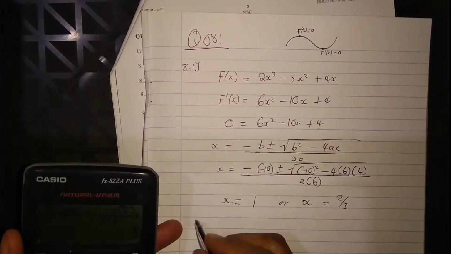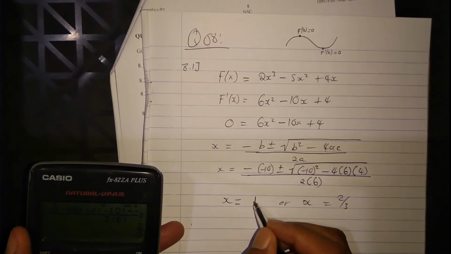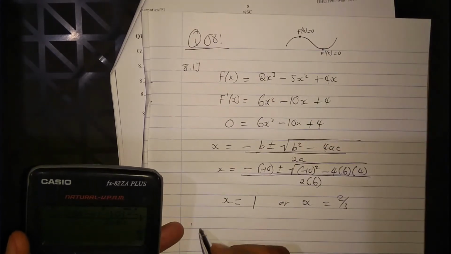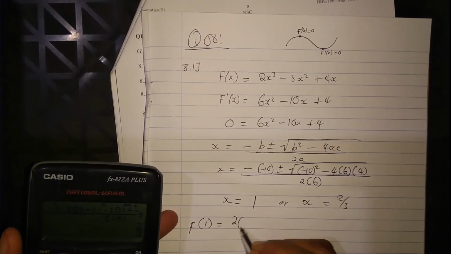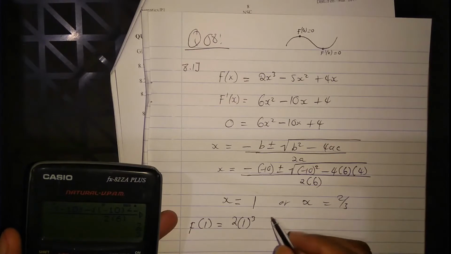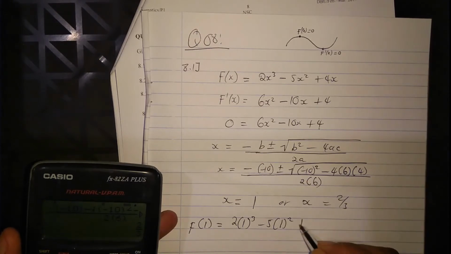So therefore, you substitute the x values back into the original equation. F of 1 is equal to 2, 3 minus 5. Where there's an x, you put 1, then we follow with 2 over 3.